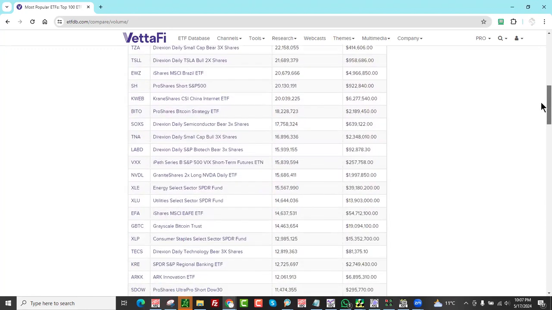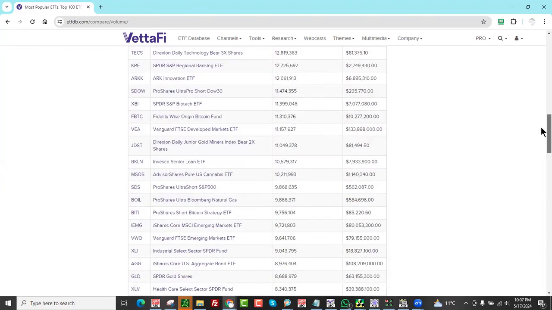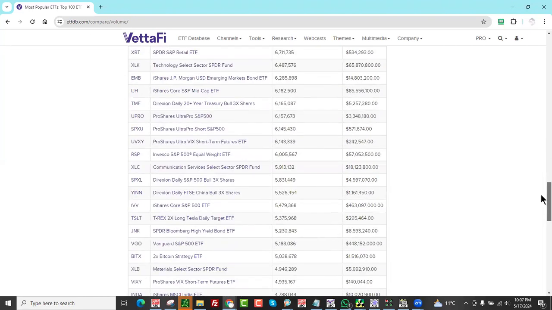And when we get down here, there's a couple of sort of more recent ones, like the Grayscale Bitcoin Trust, which is fairly well known as well, of course. And there's some others in here, like the Energy Sector Spider Fund, XLE, XLF, and things like that are in there as well.